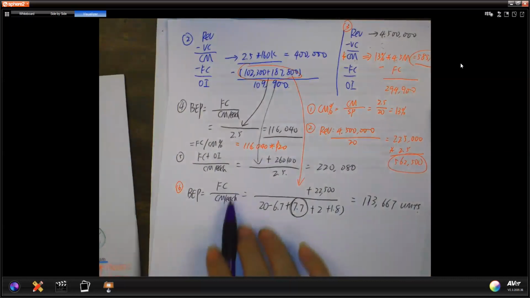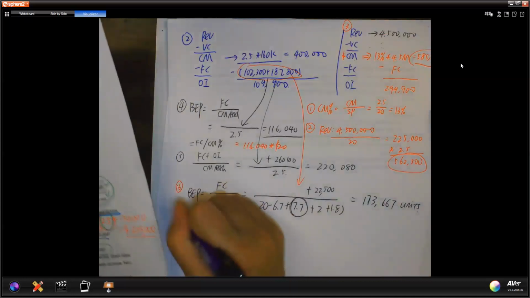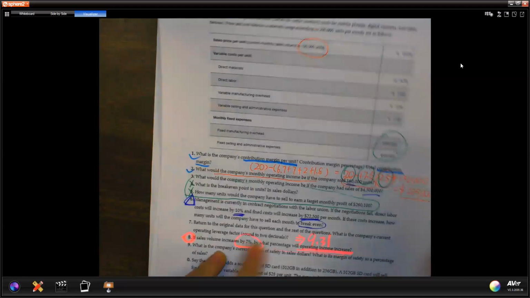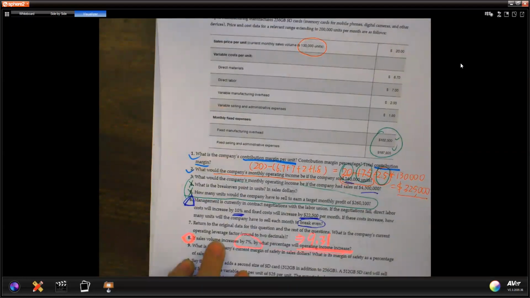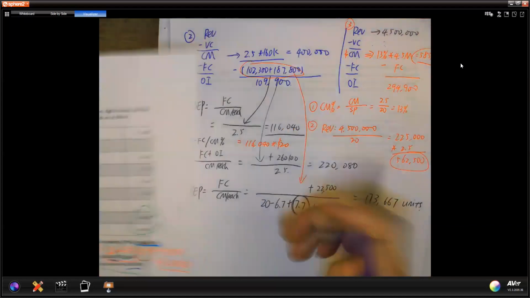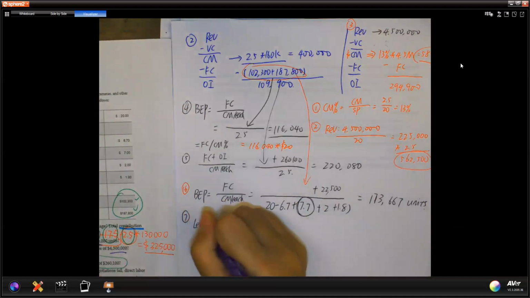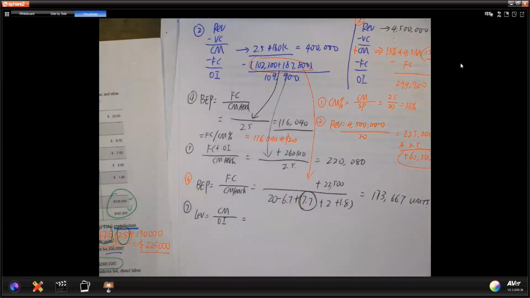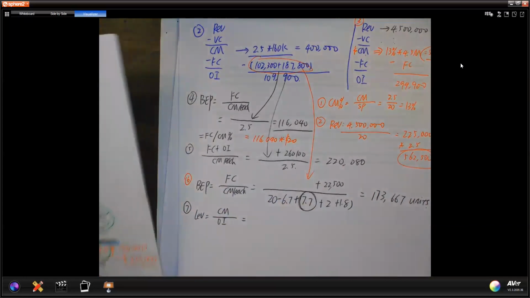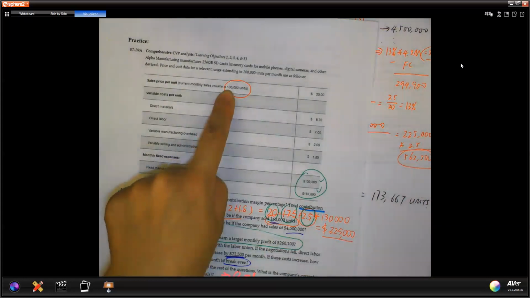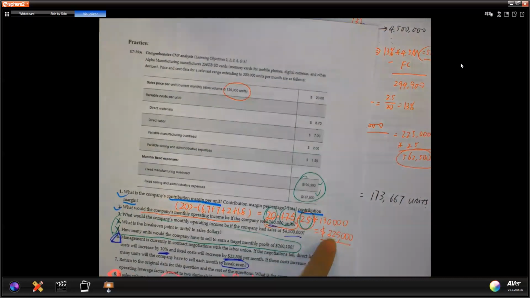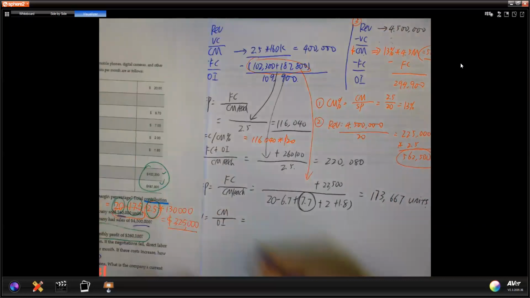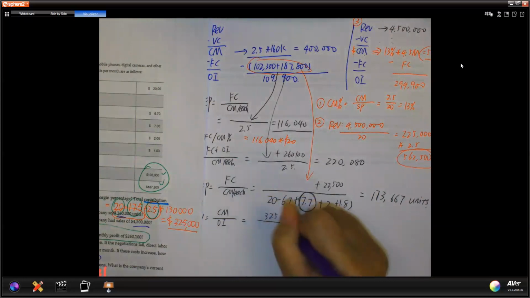So this is how you get a break-even point in units. Always your fixed cost divided by your contribution margin for each unit. And then question 7, return to the original. What is the company's current operating leverage? So the leverage factor is your contribution margin divided by your operating income. Remember when we sell 130,000 units, our total contribution margin is 325,000.